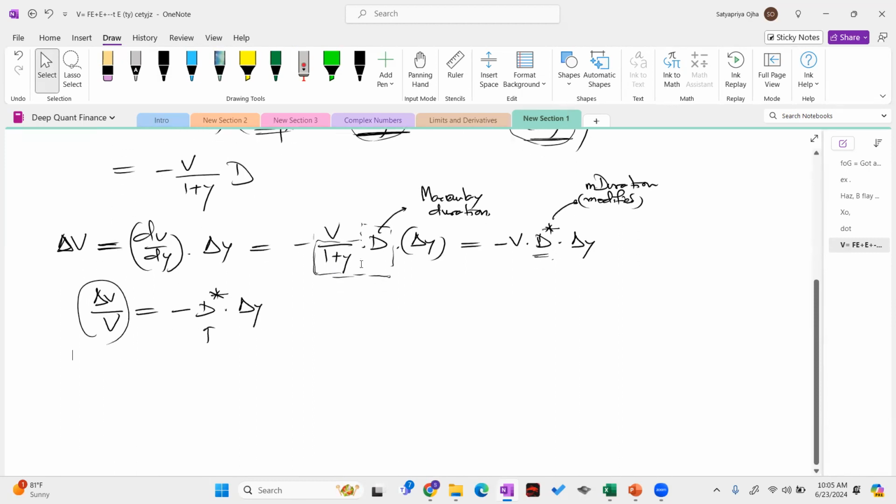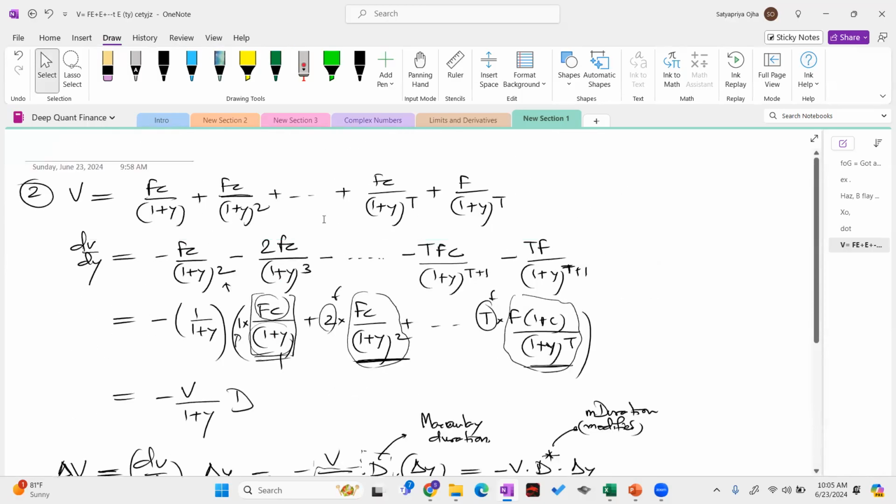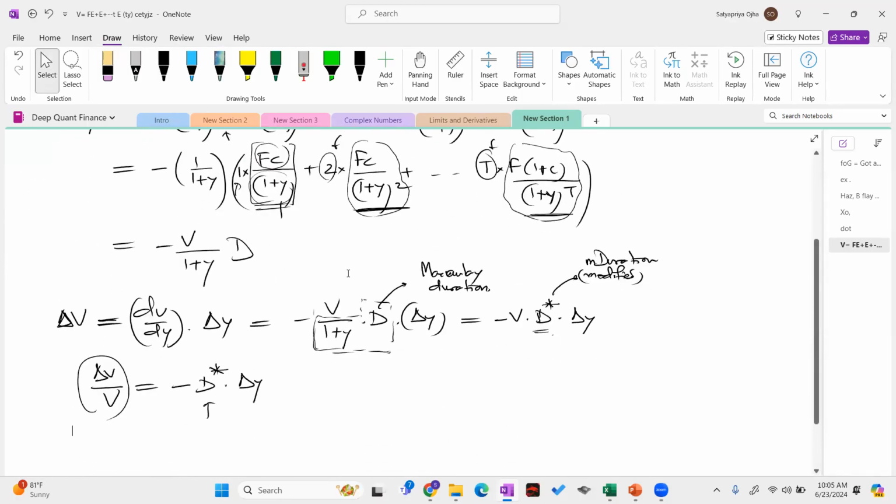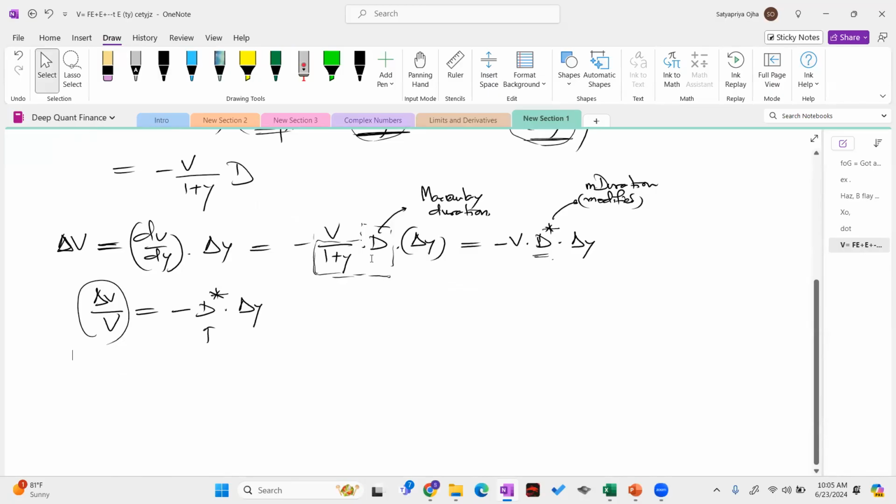Yes, that is what I was coming to next. Thanks, Devdatta. So this is for annual compounding, right? If you have semi-annual compounding or quarterly compounding, or for that matter, the compounding frequency is m times per year, then your D star, this is the general formula, is D divided by 1 plus Y by M, where M is the compounding frequency per year.